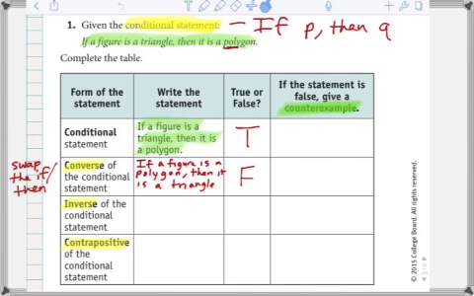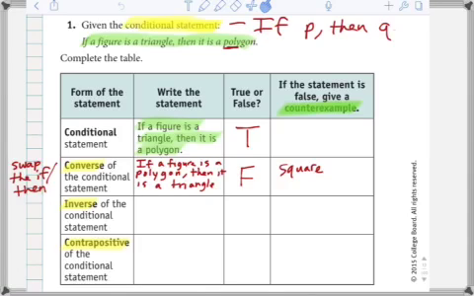As soon as we say if a figure is a polygon, we can think about certain polygons. For instance, a square is a polygon, and a pentagon is a polygon. To come up with a counterexample, all I need to do is write the word square.